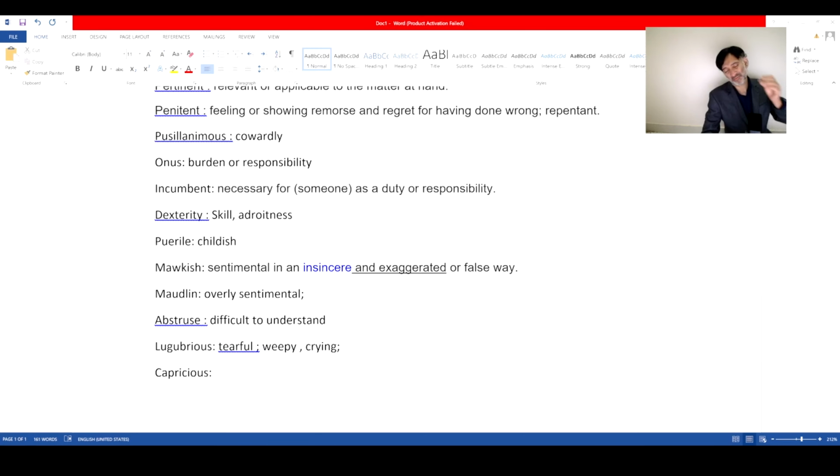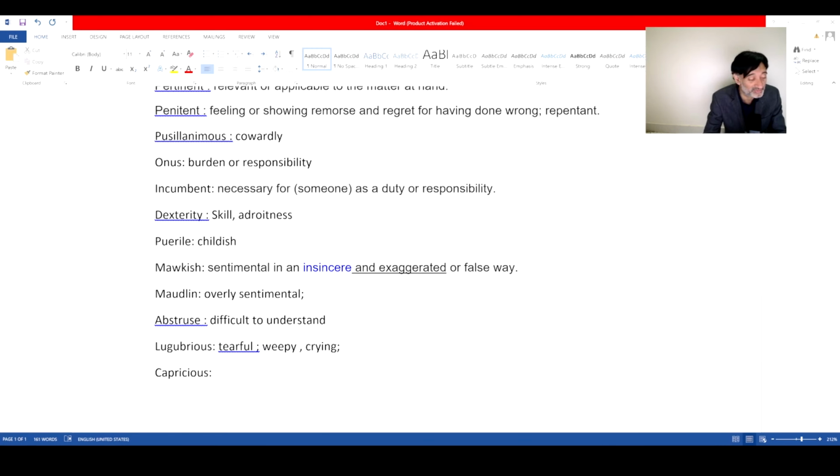Sudden, I mean, inconstant. Fickle, you know what fickle is, right? That is changing all the time. Fickle is like moody, changes based on mood. Whimsical is changing the mood or behavior suddenly, right?